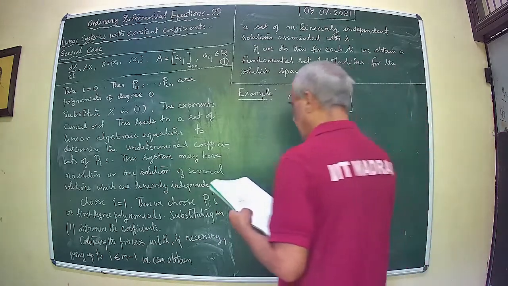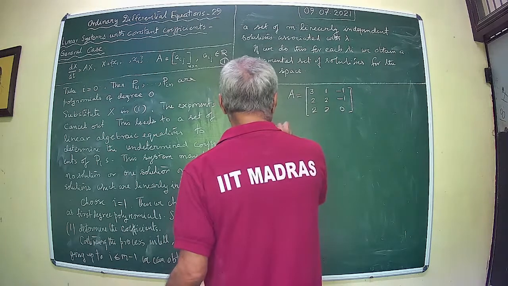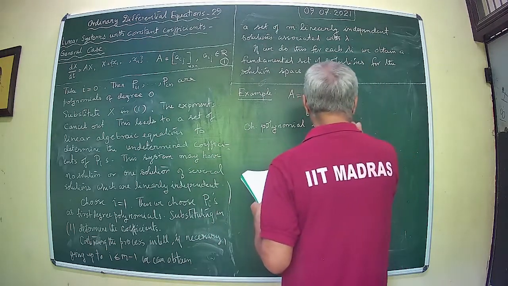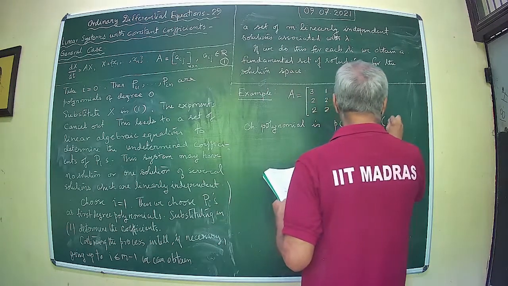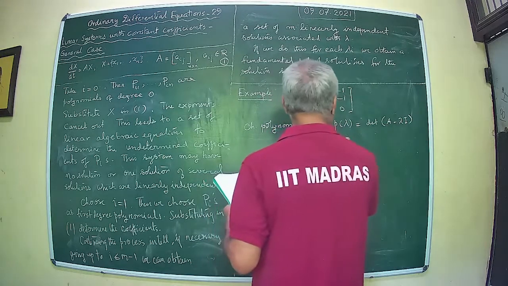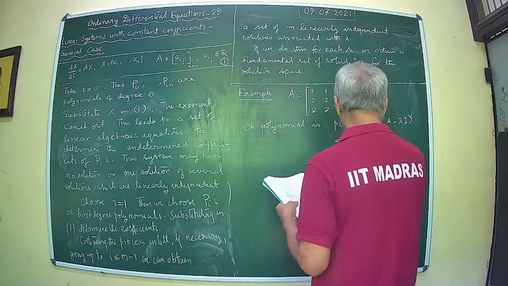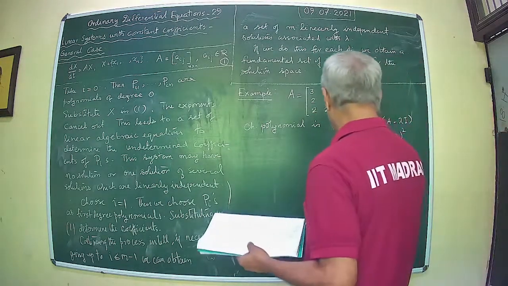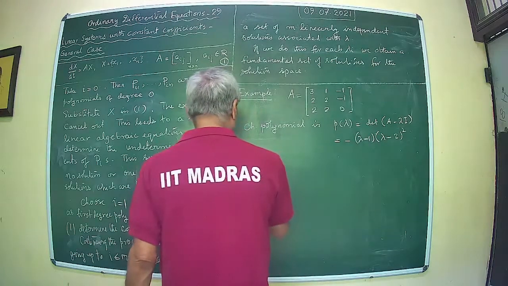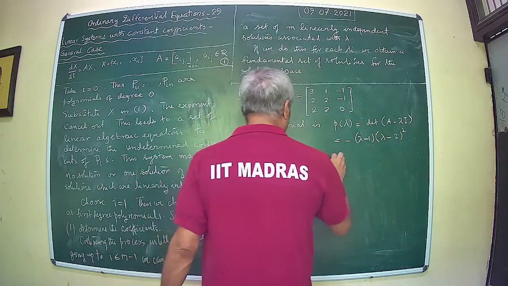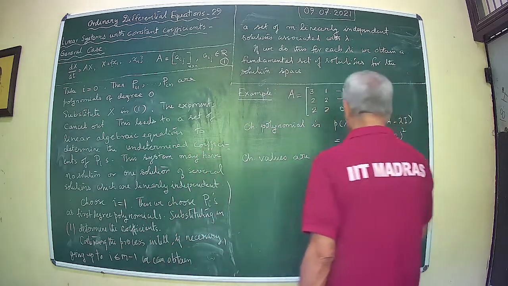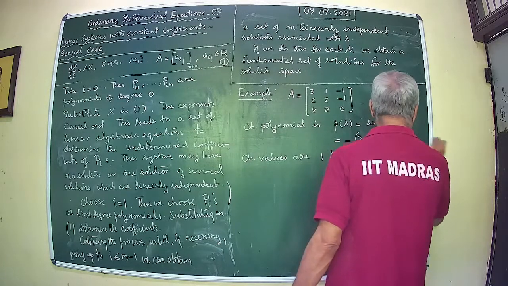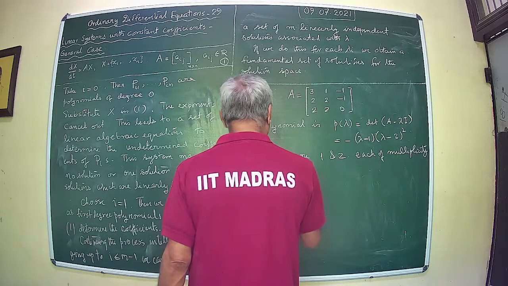Then you see that the characteristic polynomial is equal to minus, so the characteristic values are 1 and 2, of multiplicity one and 2 respectively.